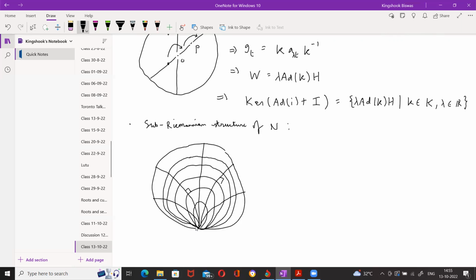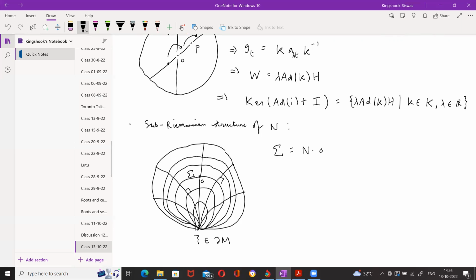Okay, so if I fix the origin and I fix the horosphere, let me call it sigma. This is the horosphere passing through the origin. So this is the N orbit of the origin. Let me call this point on the boundary xi.